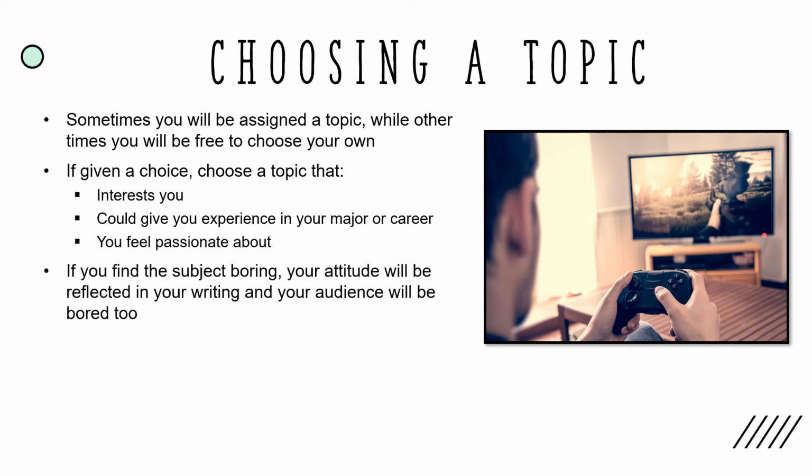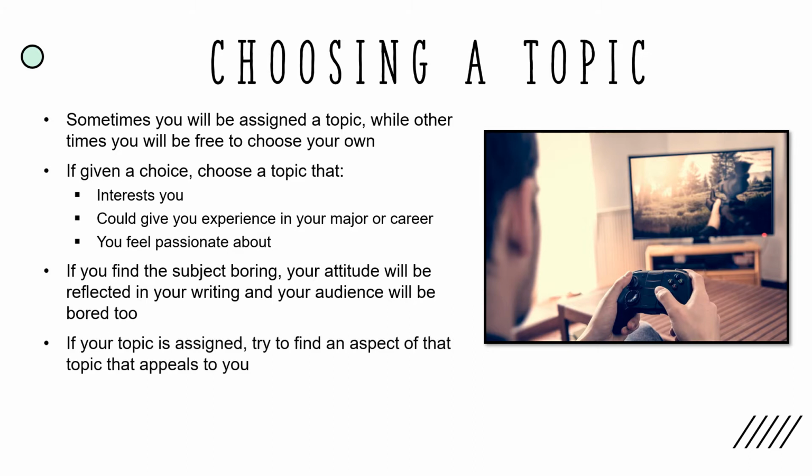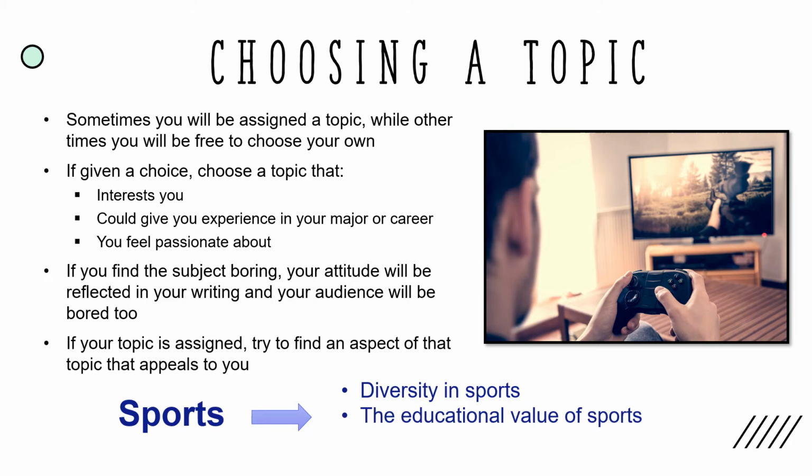If you find the subject boring, your attitude will surely be reflected in your writing, and your audience will likely be bored too. If your topic is assigned to you, try to find an aspect of that topic that appeals to you. For example, if you're told to write an essay about sports, but you have no interest in sports, consider writing about diversity in sports, the educational value of sports, or video games as a sport.